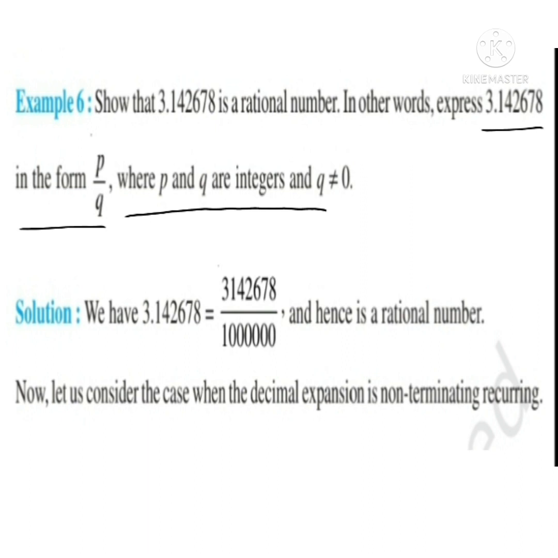Now, how to write a decimal number as a rational number. Here the decimal expansion is terminating, because after 8 there is no other digit, so it's a terminating number.